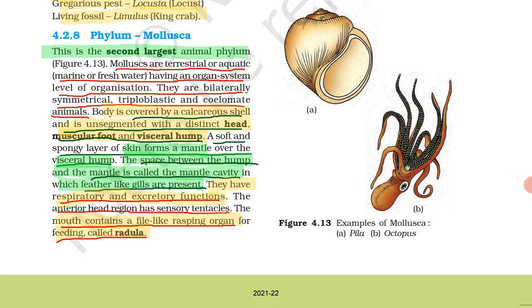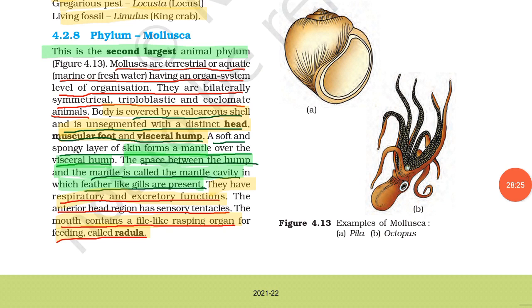So see the examples in figure 4.13. In that, the first one is Pila and B1 is octopus. See, their body is covered by a calcareous shell. We are seeing this whitish color covering, so it is called a calcareous shell, and unsegmented means they do not have segmentation in their body parts, and they have a distinct head, muscular foot and visceral hump. Their body is divided into three parts: head, muscular foot and visceral hump.